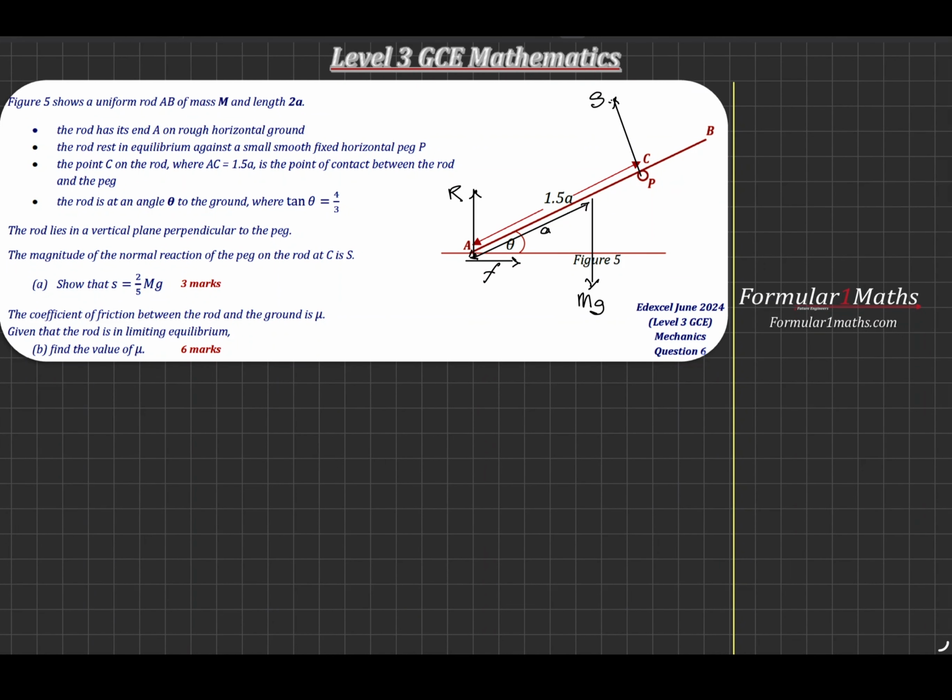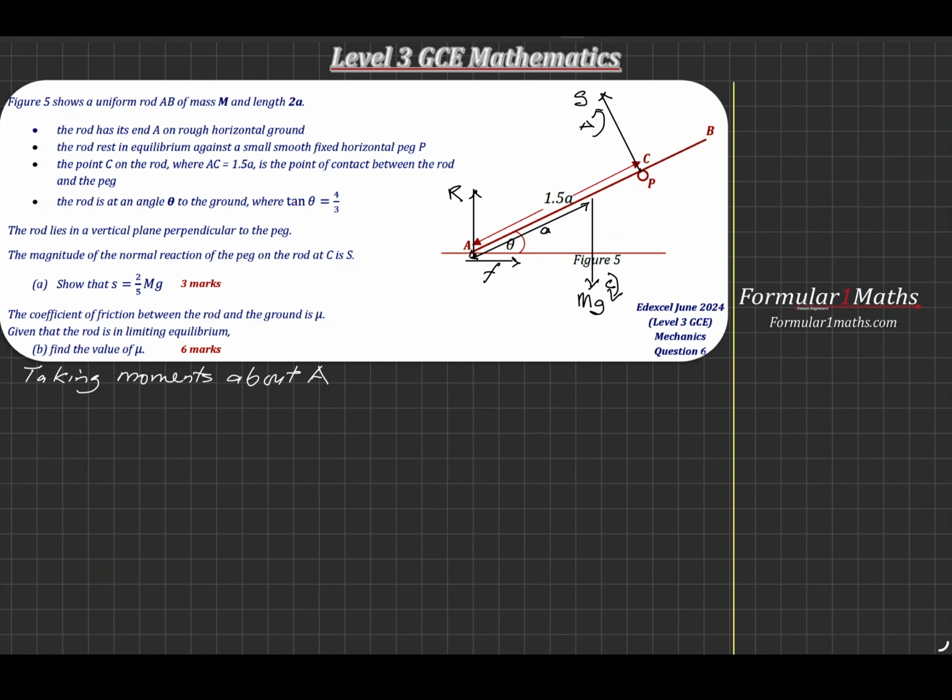So now I'm going to take moments about A here, so that I will not have to worry about this force and that force. So taking moments about A, S will produce anti-clockwise moments. And then the mg will produce clockwise moment.